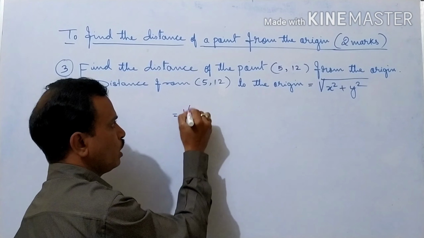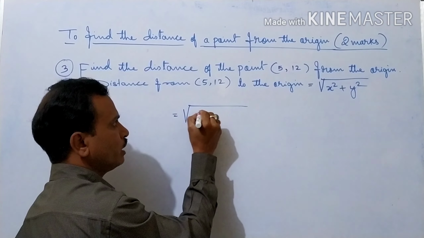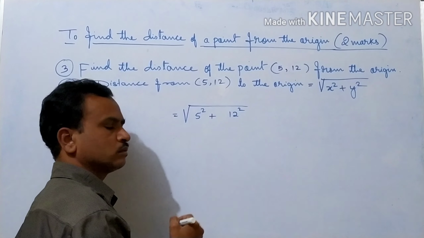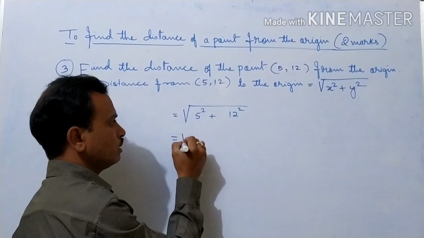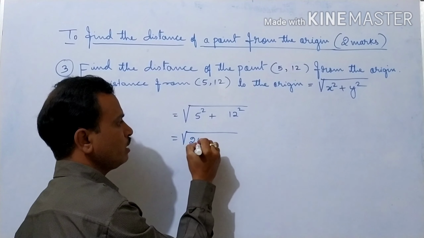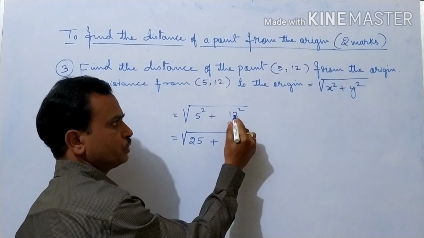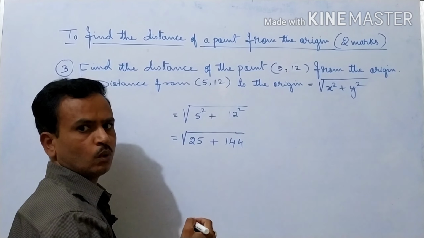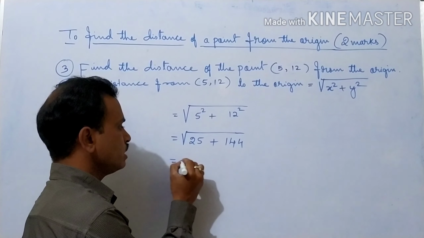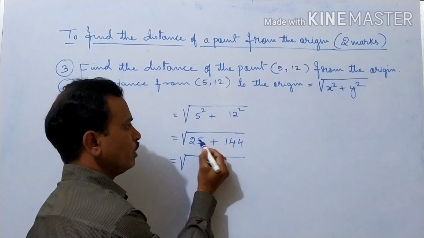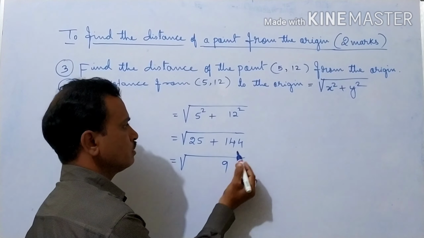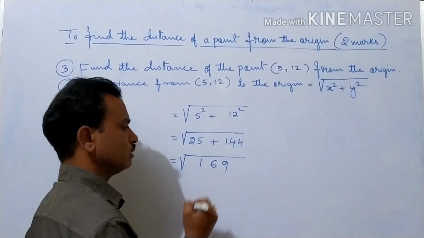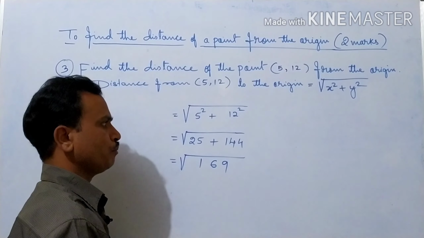So square root of 5 square plus 12 square. 5 square is equal to 25, plus 12 square is 144. Then add these two: 25 plus 144 is 169.